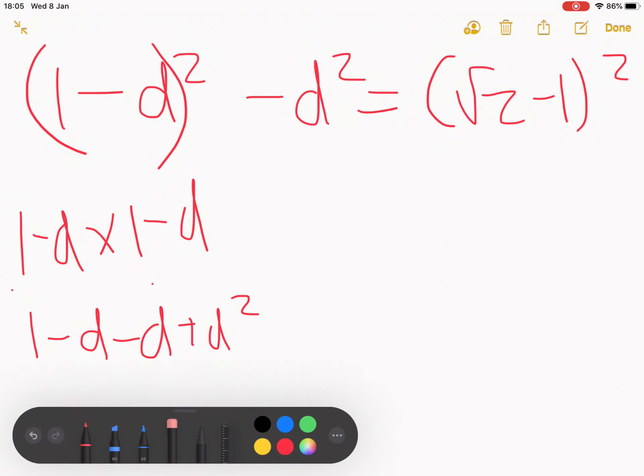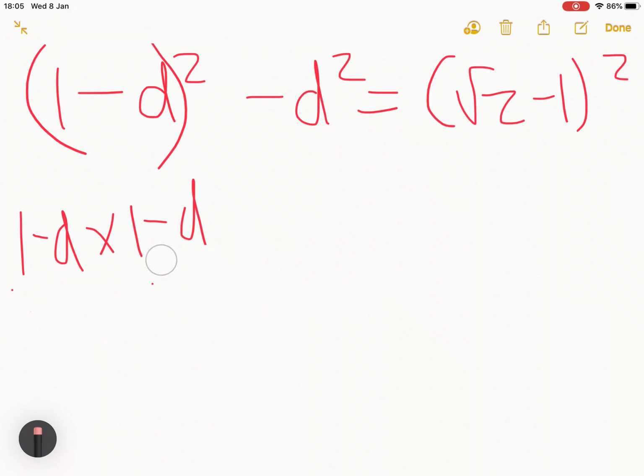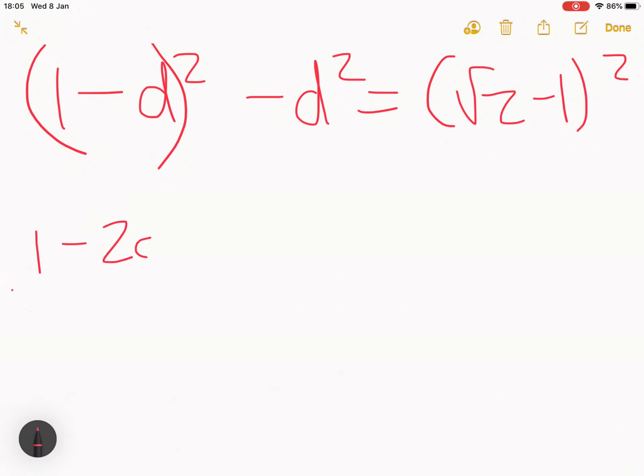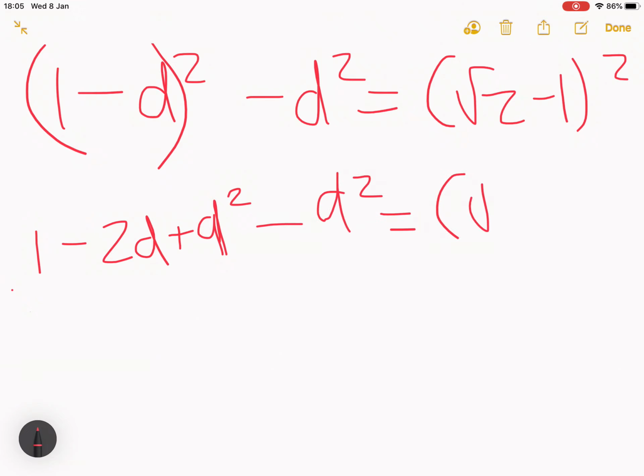So overall, you just get 1 minus 2D plus D squared, minus D squared, equals (root 2 minus 1) squared.